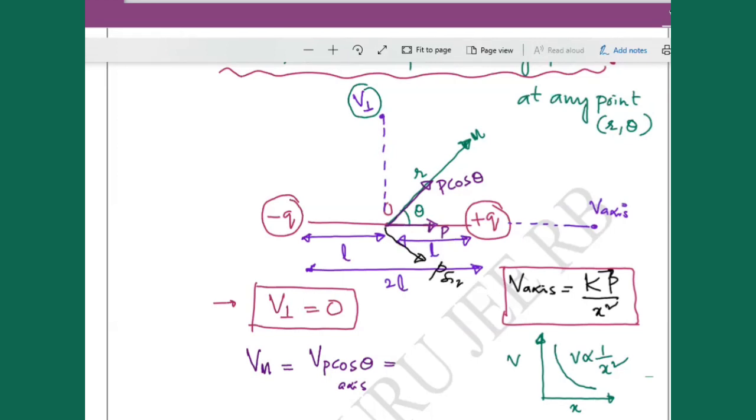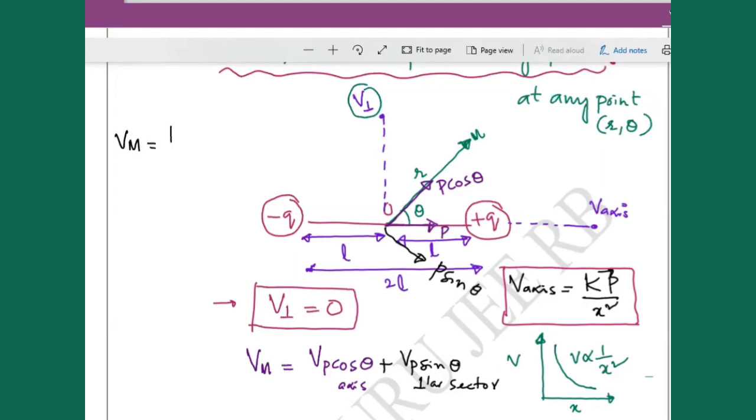Plus Vp sin theta. So Vp cos theta on the axis, Vp sin theta is the perpendicular bisector, right?